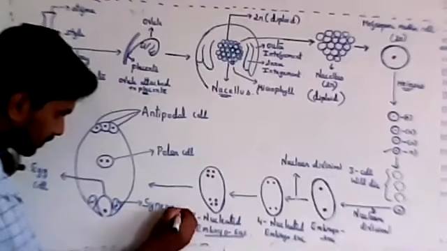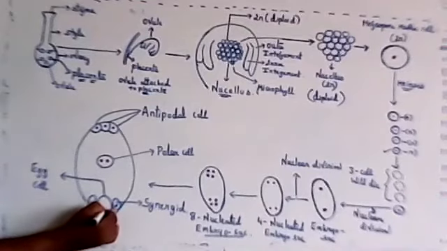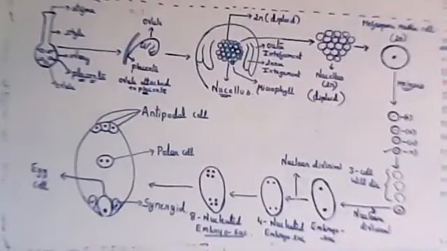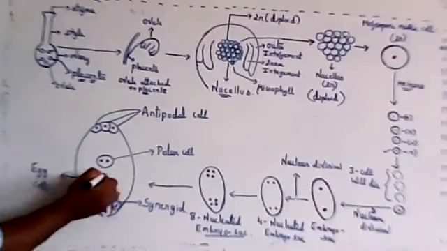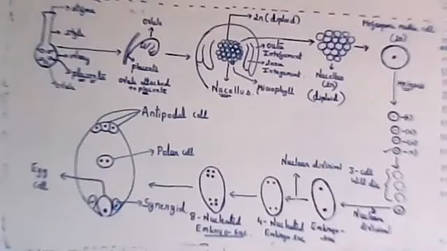After fertilization, the egg is present here at the center. There are 2 male gametes in the pollen grain. One will fuse with the egg and another will fuse with the polar cell, which is in between.